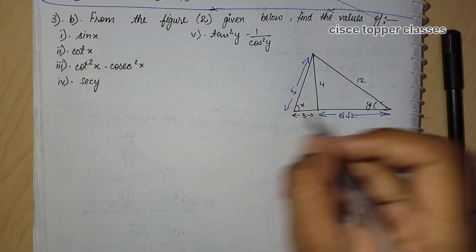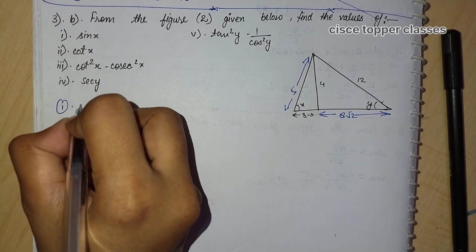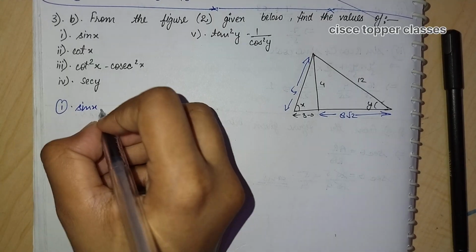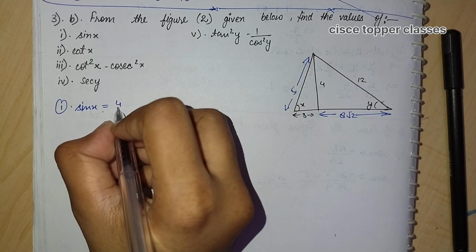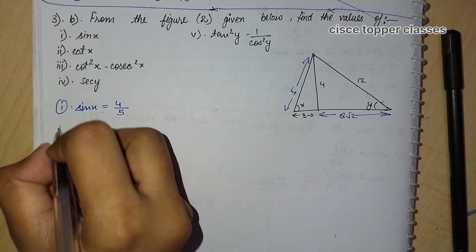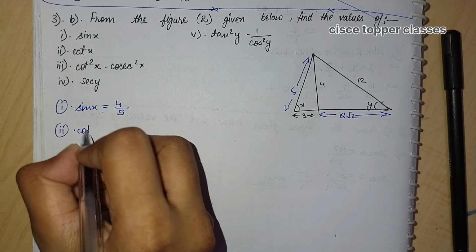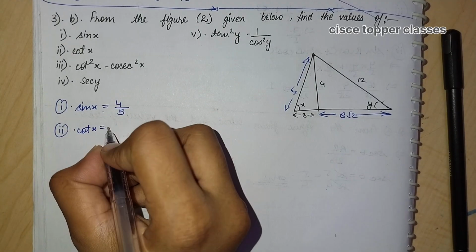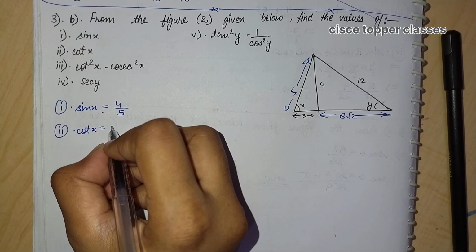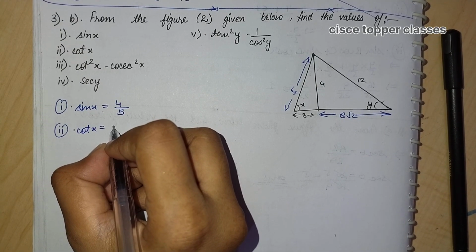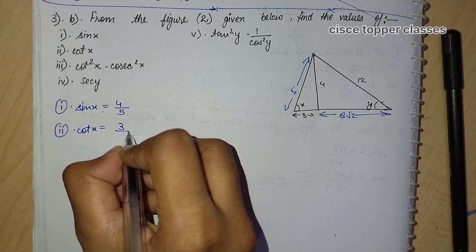If we want to find the value of sin x, it will be 4 by 5, because this will be height by hypotenuse. Second part is cot x. So cot x will be height by base, or base by height, sorry. So it will be 3 by 4.